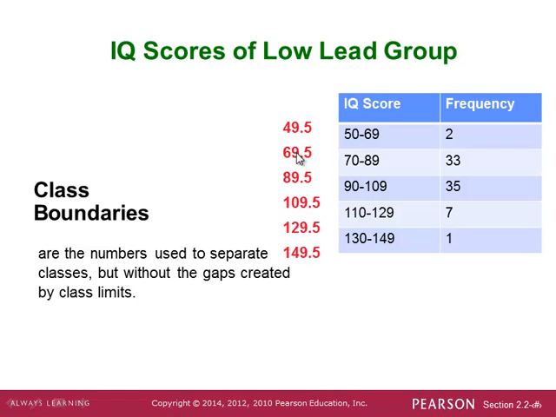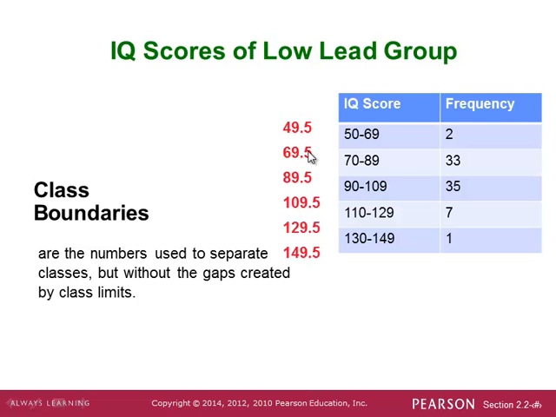So that means 69.5 is that halfway point between the upper limit of the first class and the lower limit of the second class. So it's half a unit above and below. That tells us that 49.5 is the lower class boundary, the first class boundary to start off with.